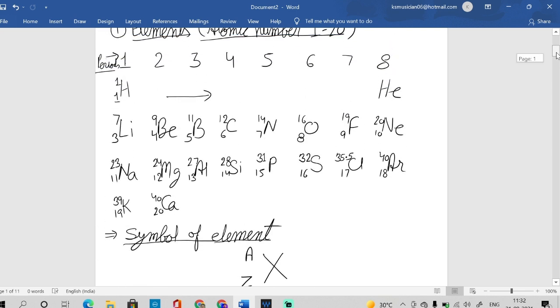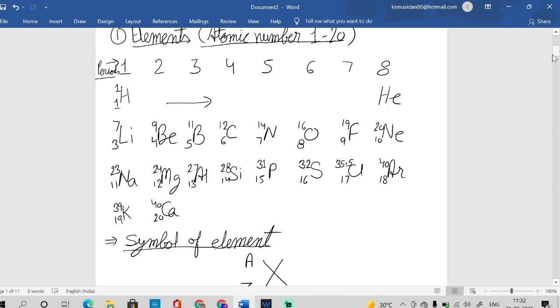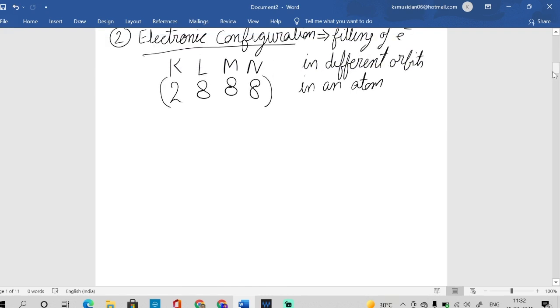If you know the atomic number of the element, then you can write it. Let me show you one special formula also. If we have a neutral atom, what is the meaning of neutral atom? There is no charge present on the atom.